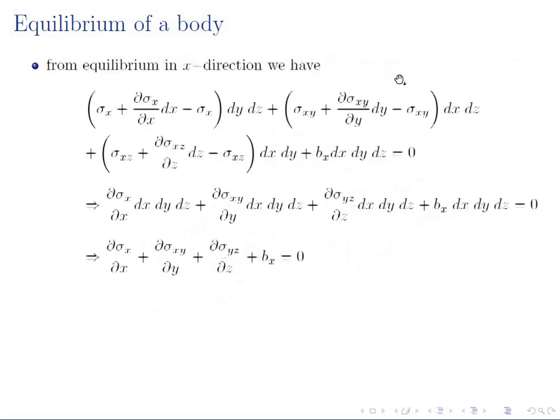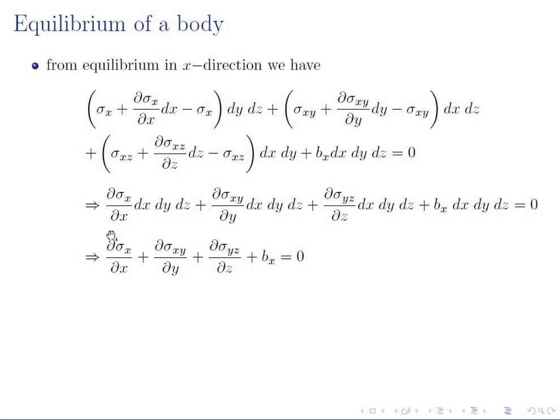Let's represent it with B, and let's say the component of that volumetric force in the x direction is Bx, and to get the total force, I have multiplied that force per unit volume with the volume of that cube. So this is the equilibrium of all the forces of that cube in the x direction.